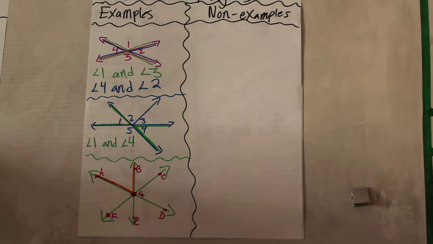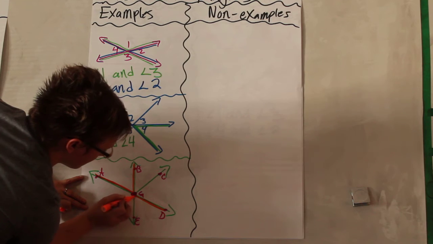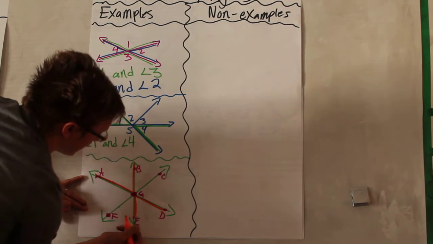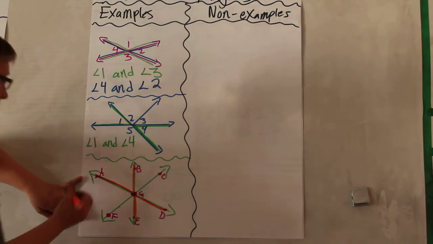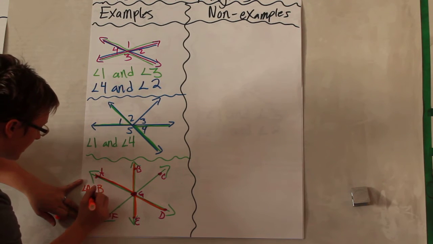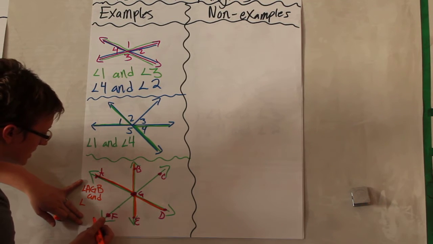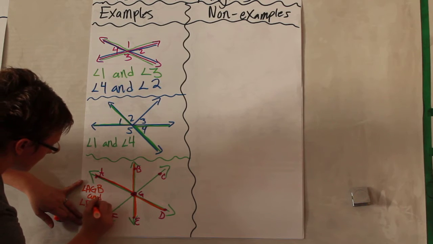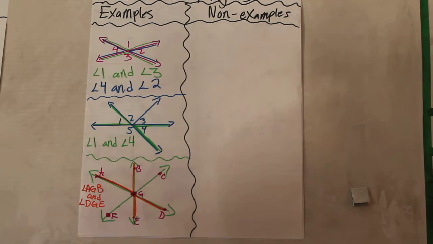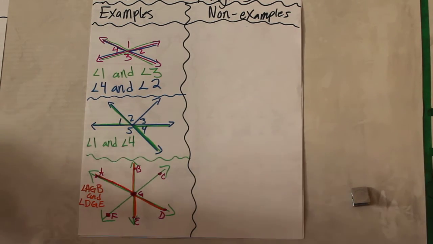I'm going to say that DGE is the one that's adjacent to it. Angle AGB and angle DGE. The vertex is always in the middle, and for here they have the same vertex, and they're straight across from each other.